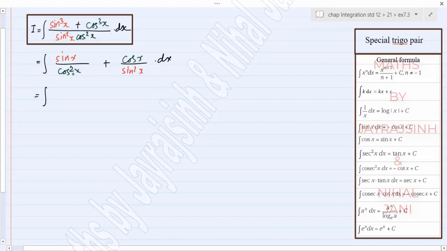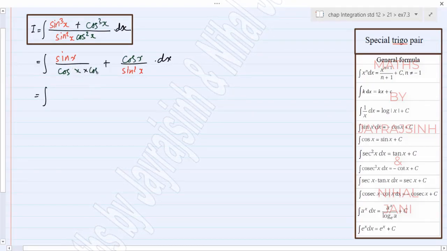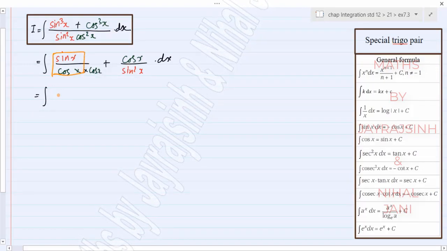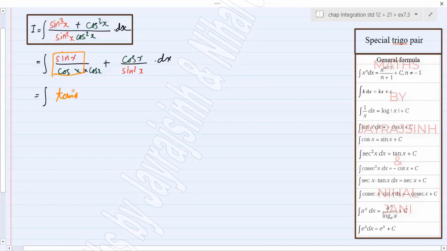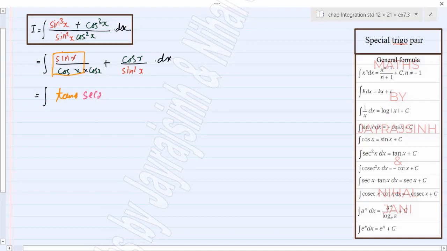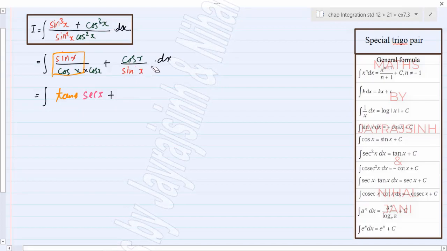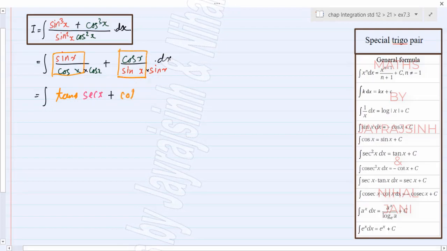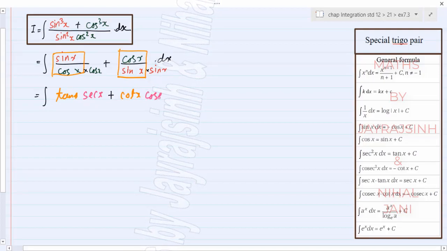In further simplification, we can say this cos square x is split into cos x into cos x. So this sin x by cos x will become tan x and the remaining 1 upon cos x will become sec x, plus similarly, in the second term, we have to split sin square x into sin x into sin x. This cos x upon sin x is cot x and the remaining 1 upon sin x will become cosec x.